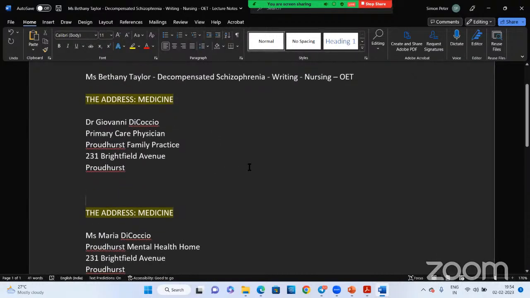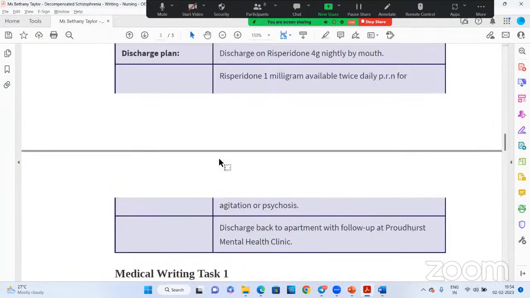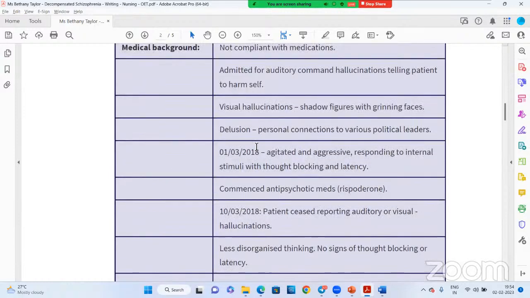So the address is done. Next, the date. This is a discharge letter, so the discharge date.